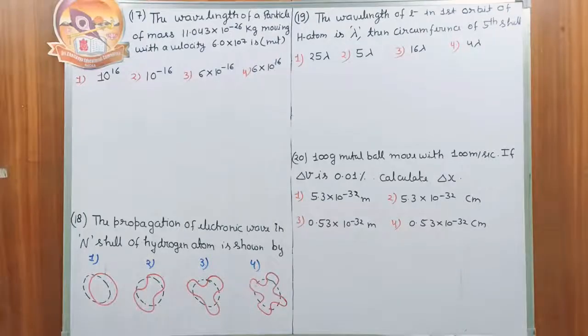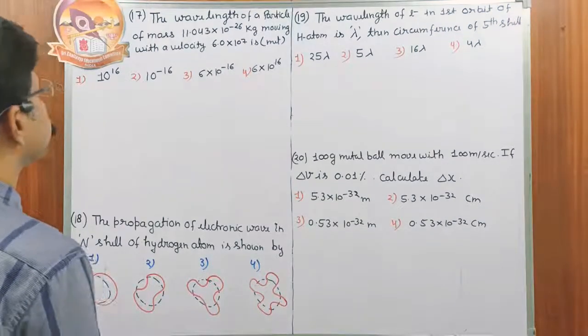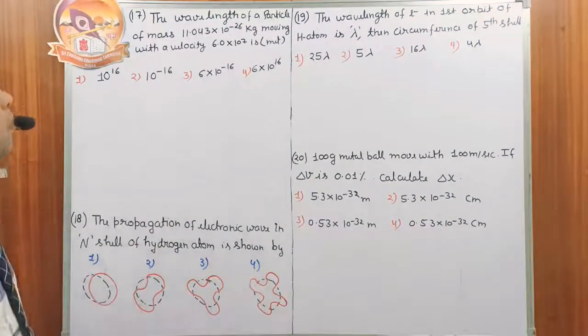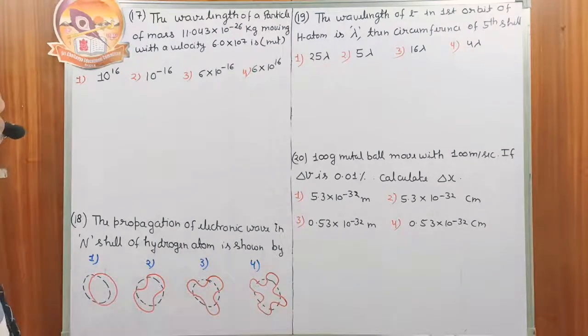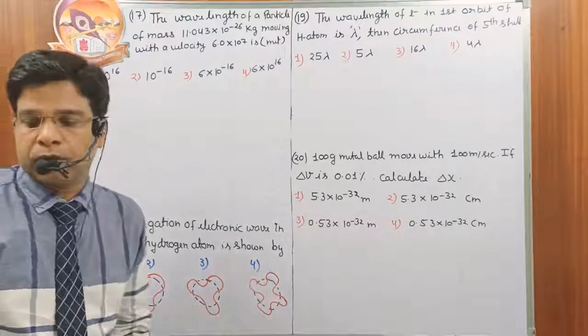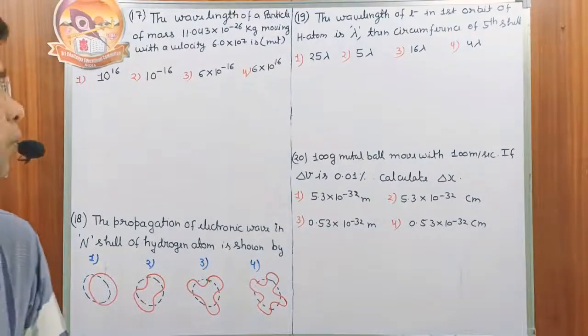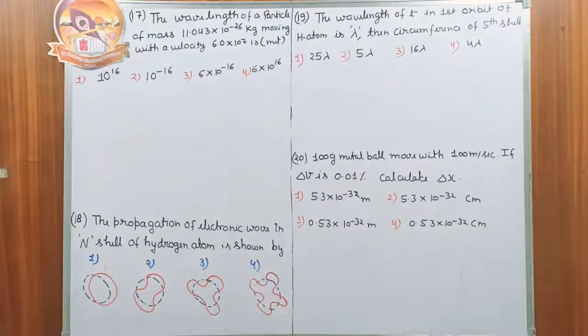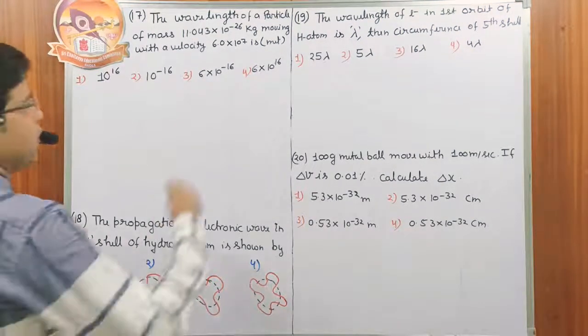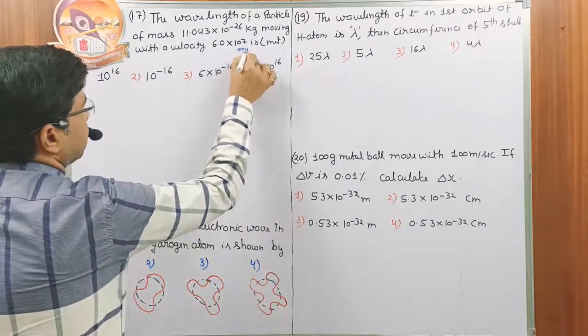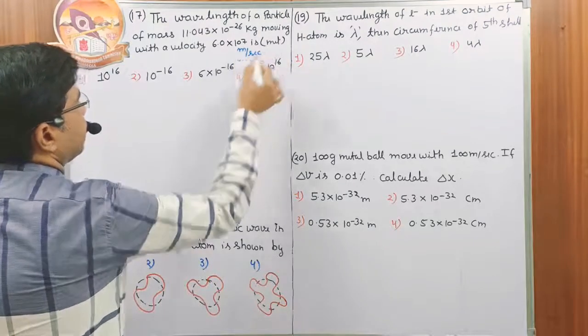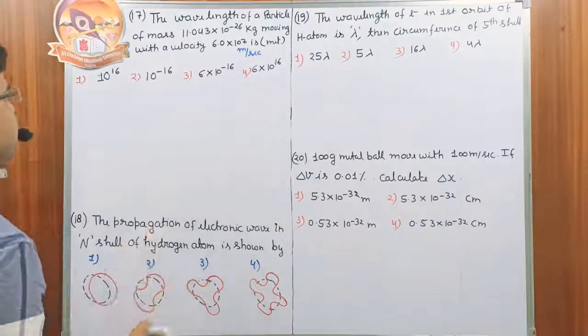Now in question number 17, the wavelength of a particle of mass 11.043 into 10 is power minus 26 kg moving with the velocity 6.0 into 10 is power 7 meter per second is... okay, velocity is given in meter per second and we have to find the wavelength in meter.